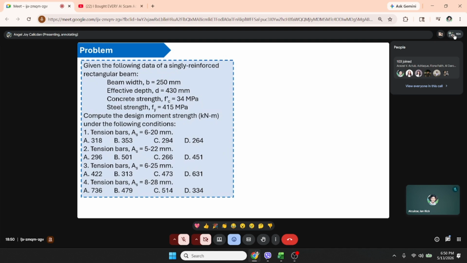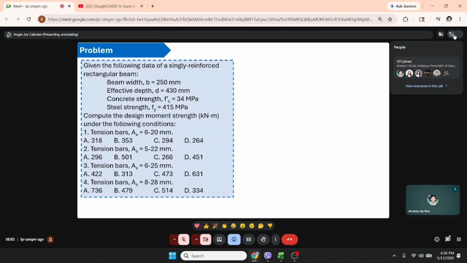So, we have arrived at our first problem. Given the following data of a singly reinforced rectangular beam: width is 250 mm, effective depth is 430 mm, concrete strength is 34 MPa, steel strength is 417 MPa.